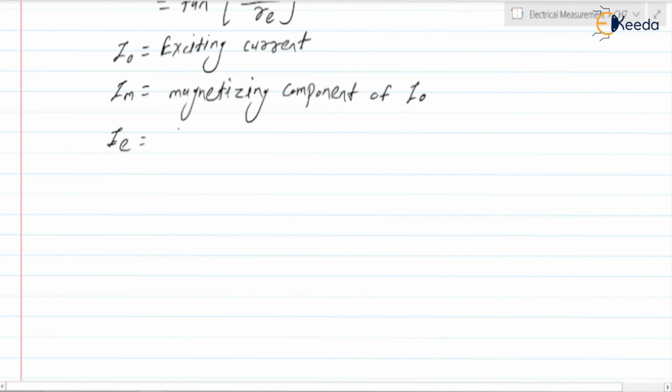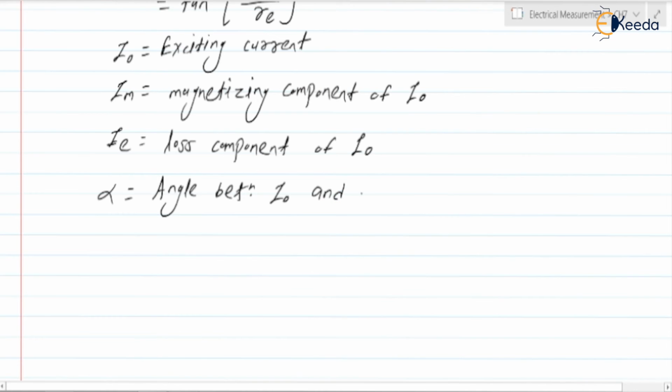IE is the loss component of exciting current I0. Alpha is the angle between I0 and phi. So these are the terms associated with the equivalent circuit of the current transformer and the phasor diagram.